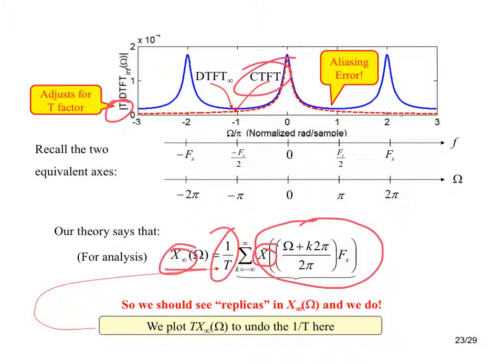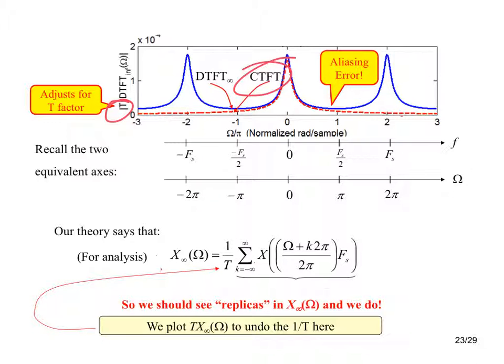So I multiply this by T to get rid of that, and now I can compare them. They'll be the same height, essentially. So I'm effectively normalizing both the horizontal axis as well as the vertical axis. It's taken me years to come up with all these little tricks, but they're very, very handy. So that's why we do that.